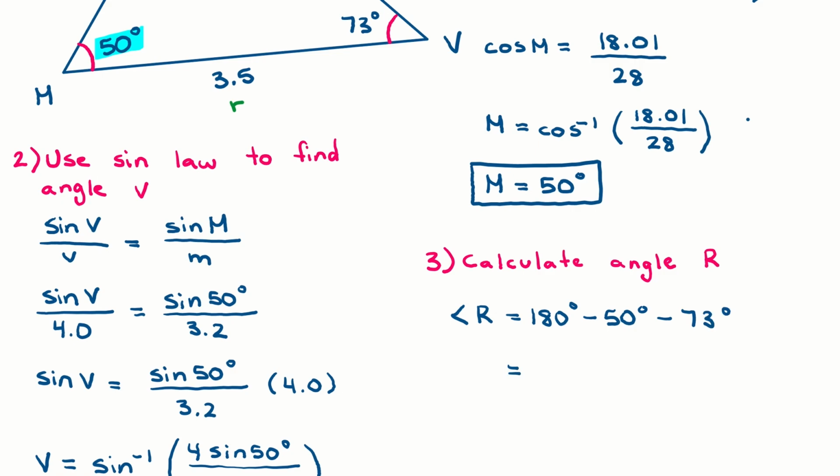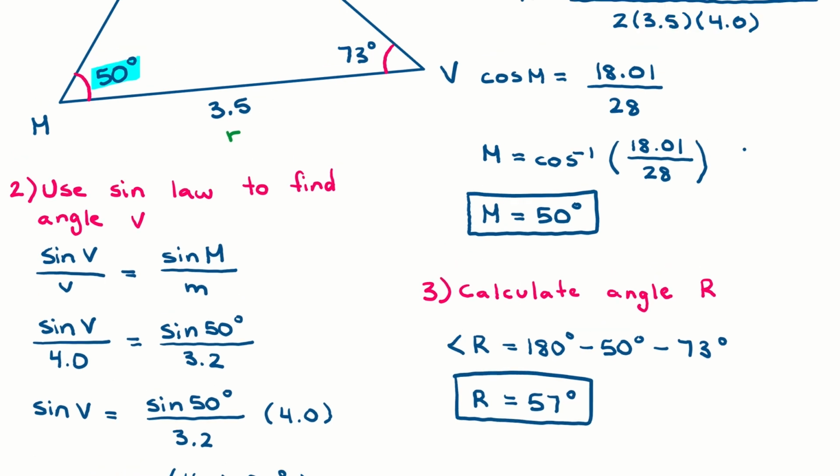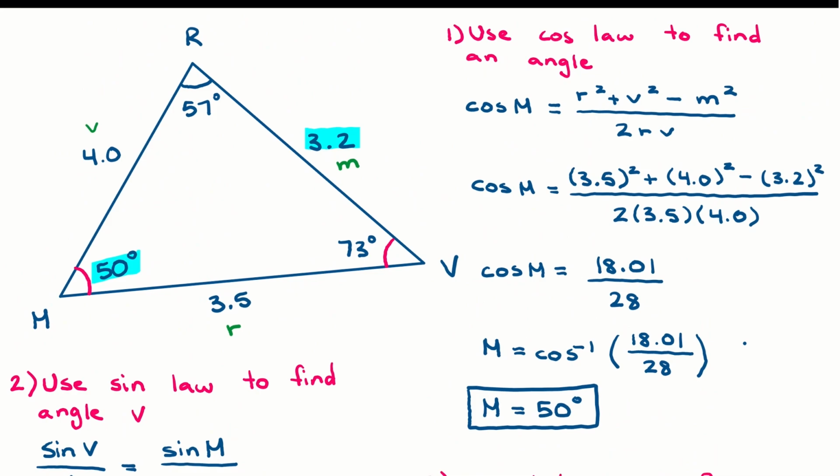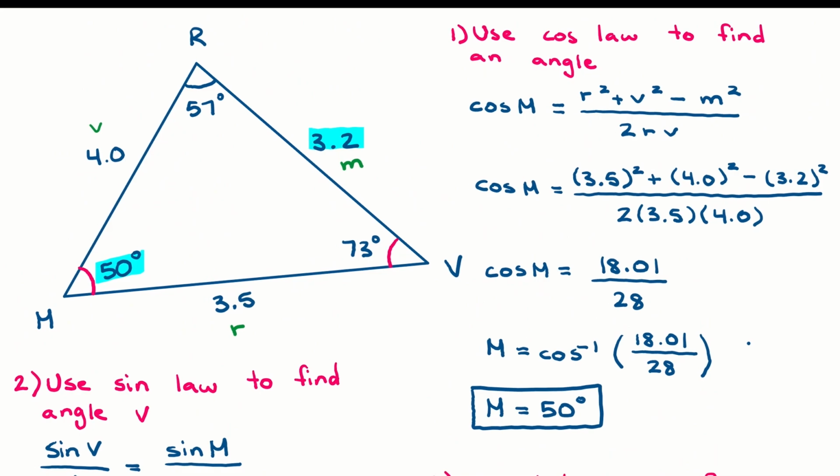When we subtract these, we get that R is equal to 57 degrees. Once we put that into our triangle, we see that we have a completely solved triangle. So we have all sides as well as all angles.